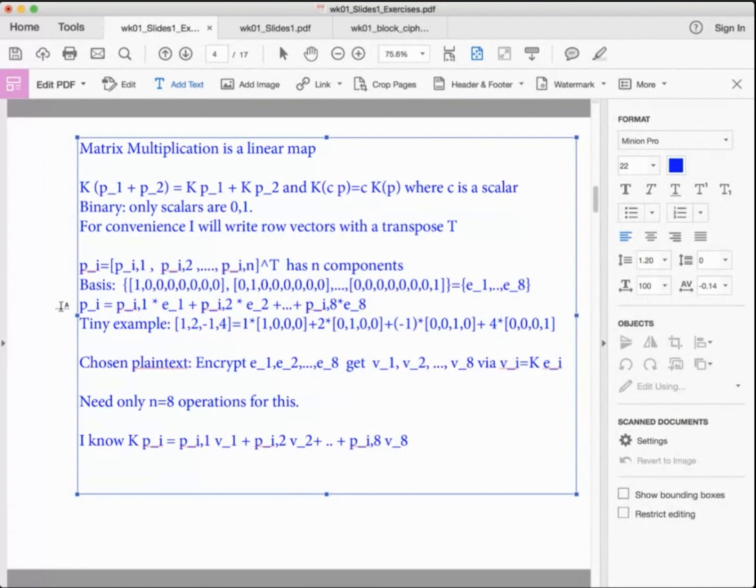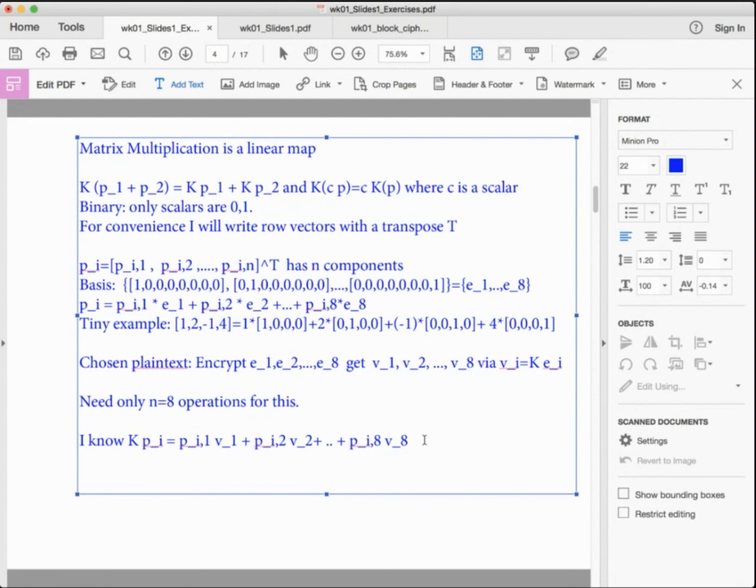These are scalars, I take them to the left, and sum. Because I'm doing binary, if there is a 0 bit, the output will be 0. So I don't even have to compute. If PI is 0, that contribution is 0. I just need to look at the I's where the input bit is non-zero, find the corresponding V vector, and then add them up.